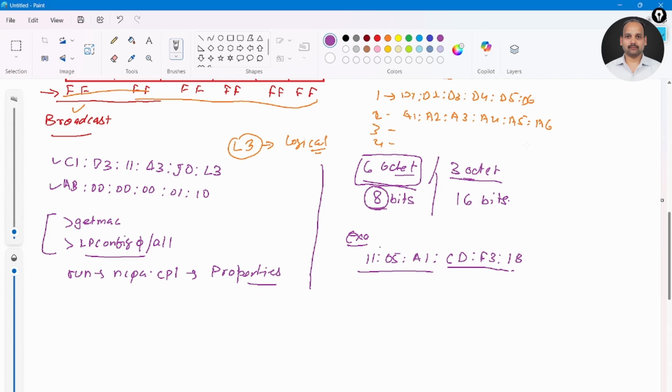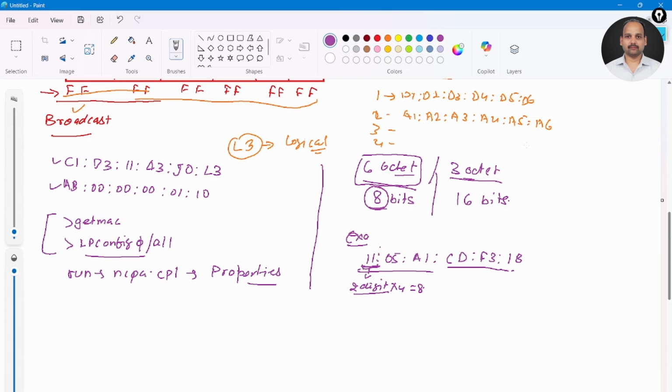If you look at one octet, I am using 2 digits. In hexadecimal, 1 digit uses 4 bits, so 2 digits means 2 times 4 equals 8 bits.